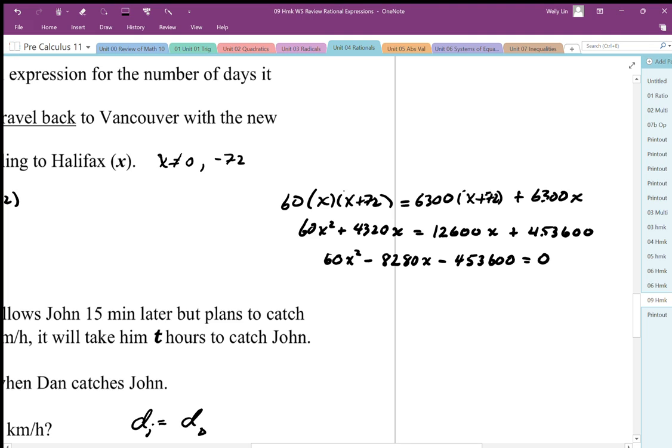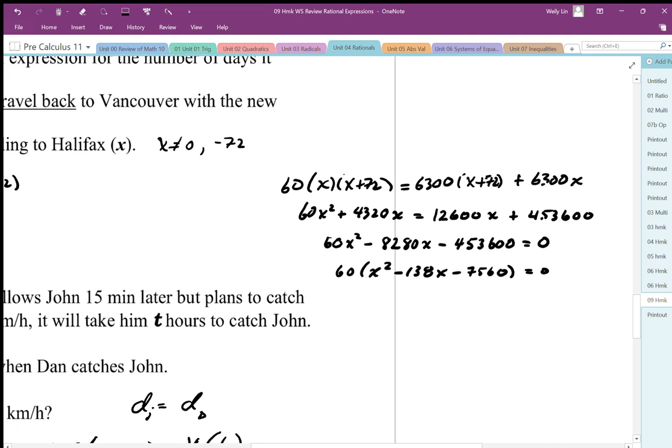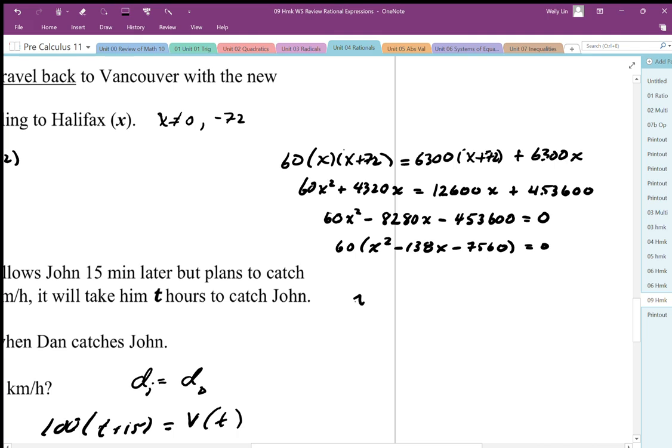Just checking to see if we have a divisor of 60, and it looks like we do, so I'm going to divide out the 60, or I'm going to factor it out. So I end up with x squared minus 138x, and then divide that last term by 60. I end up with minus 7,560 equals 0, and that's likely factorable, but I'm just going to plug that into the quadratic formula.